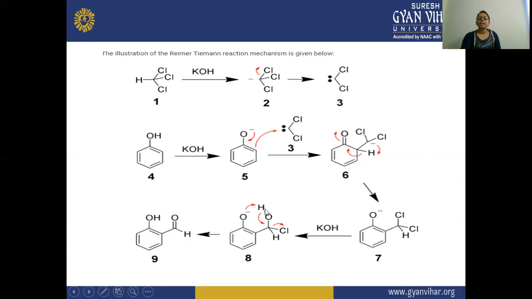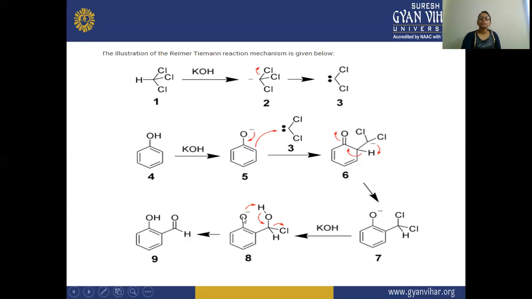Then this H is again abstracted from this position, and the proton is attached by this oxygen, which acts as a nucleophile, and this H is acting as an electrophile. So the electrophile needs electrons, and this oxygen is donating electrons. So both of them need each other.